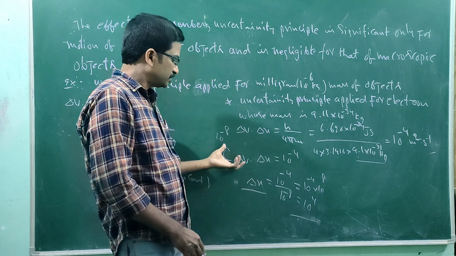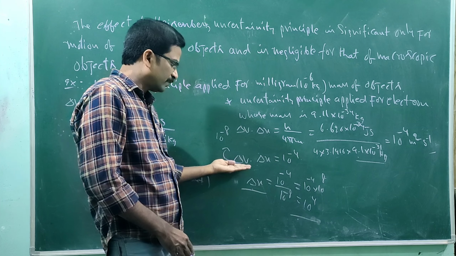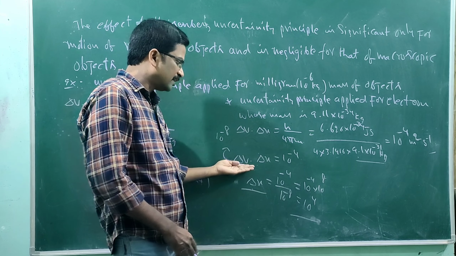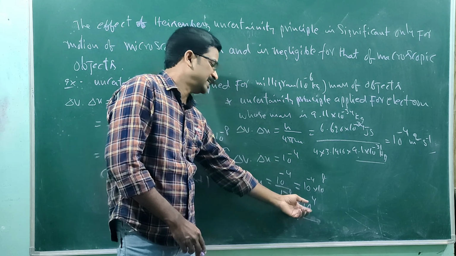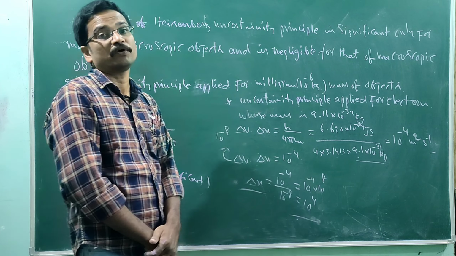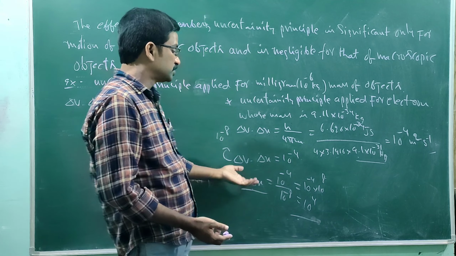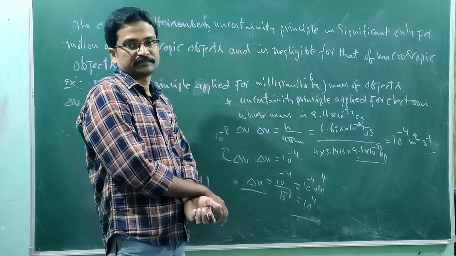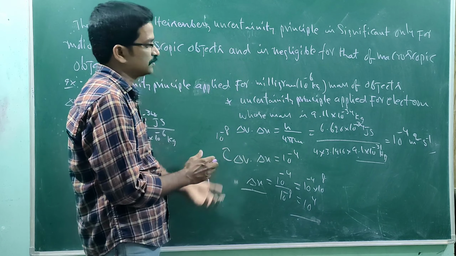This is true. If uncertainty is very low, velocity is accurate, then the position value changes drastically. Its value is very high, 10 to the power of 4 means very high. Uncertainty in position is very high. In this way you can understand this concept.